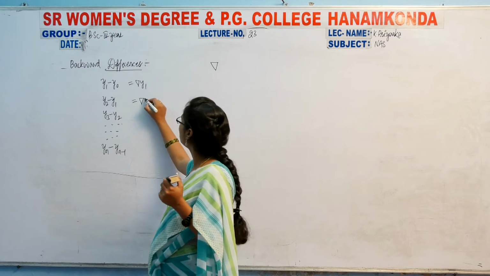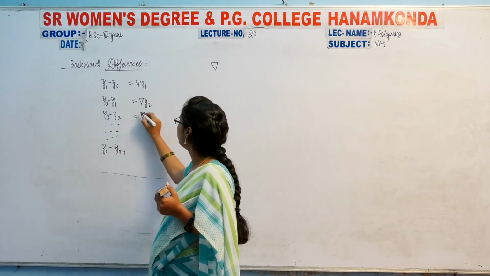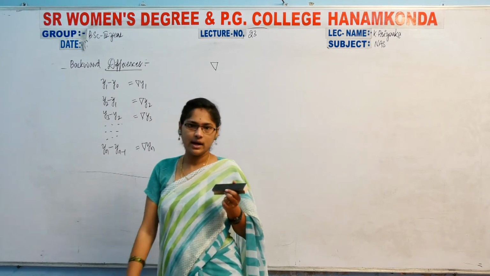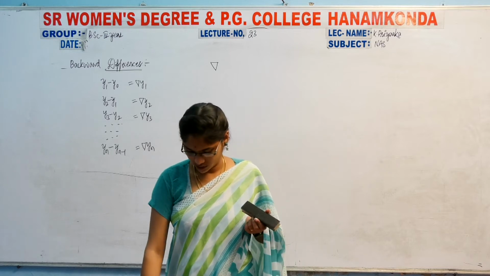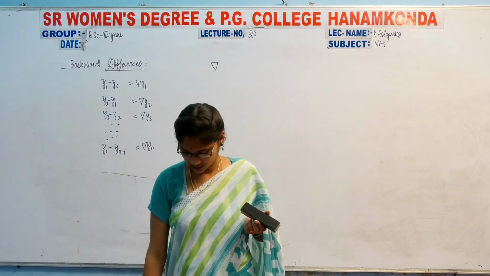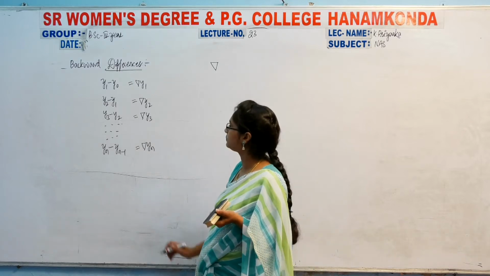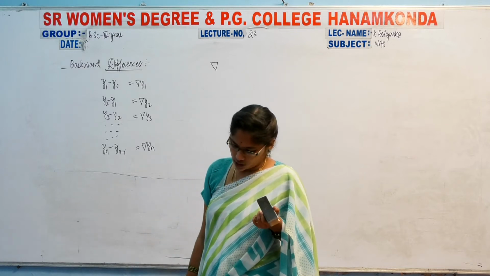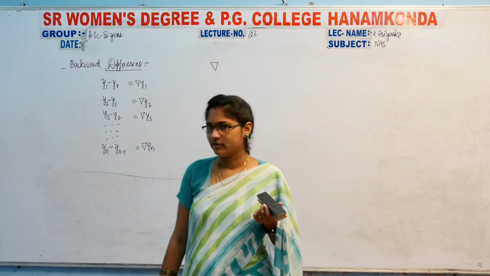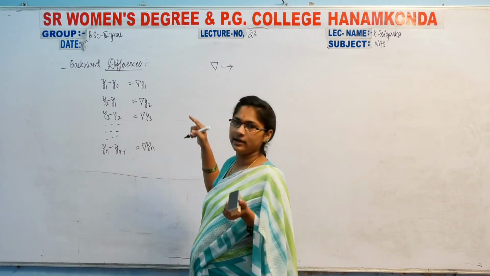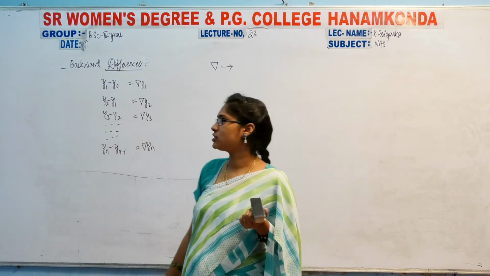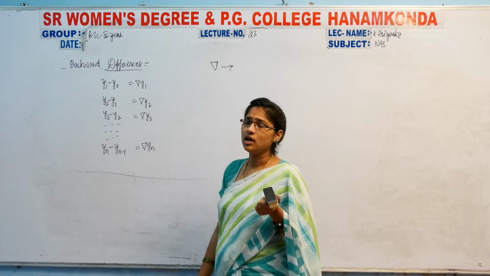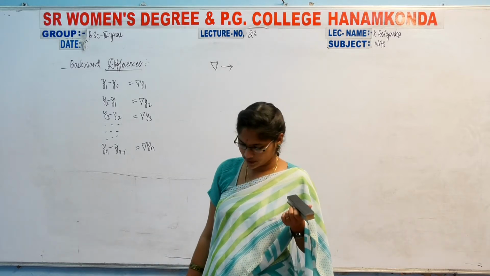Now it is backward of y1, y2, y3, and so on, backward difference of yn. This is nothing but the notation of the backward differences. The reverse of del is called the backward difference operator.